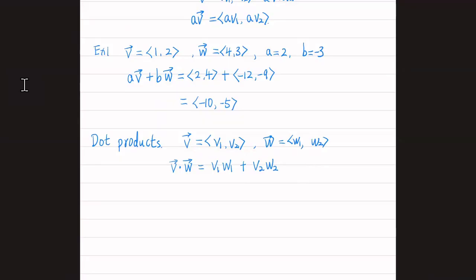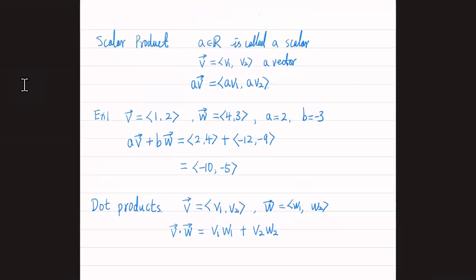So you see the difference between these two products. For this one, the input has a scalar and a vector. The output is a new vector. For the dot product, the input are two vectors, v and w.